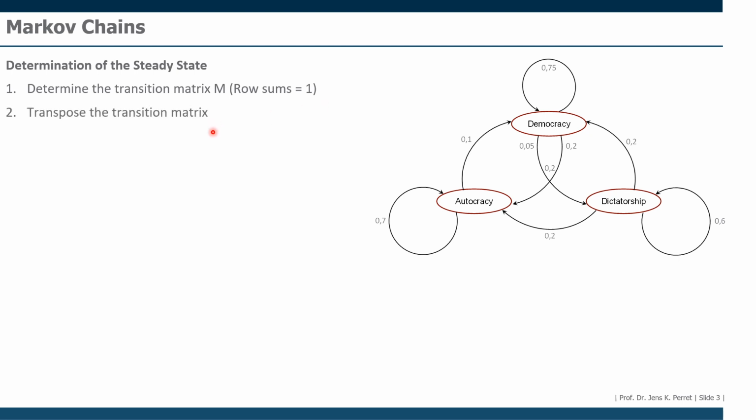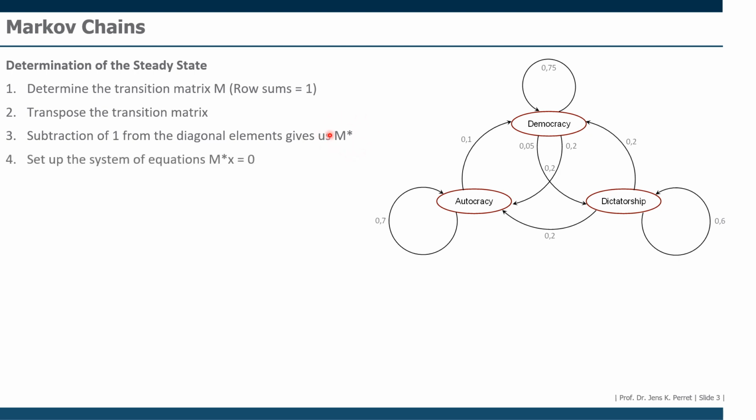Then I'm going to transpose this transition matrix, and I'm going to subtract 1 from the diagonal elements of this transposed matrix. I could also imagine this as subtracting the unit matrix from this transposed matrix. It would be exactly the same. The result from this subtraction will be the matrix M asterisk.